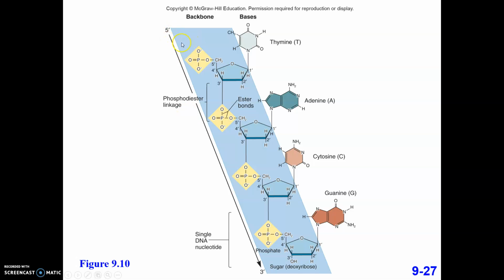If you take a look at this side of the DNA, this backbone side, if you are approaching the strand from the left, it all looks the same regardless of what base is there. So all we see as we walk down this chain is a phosphate, sugar, phosphate, sugar, phosphate, sugar.